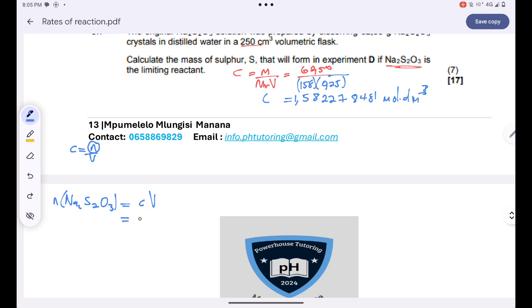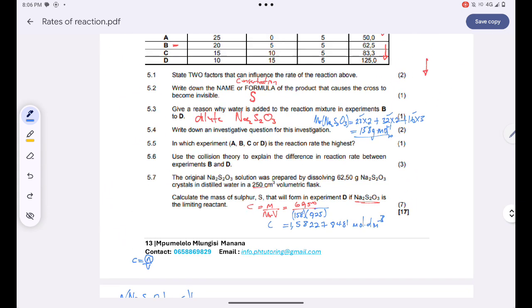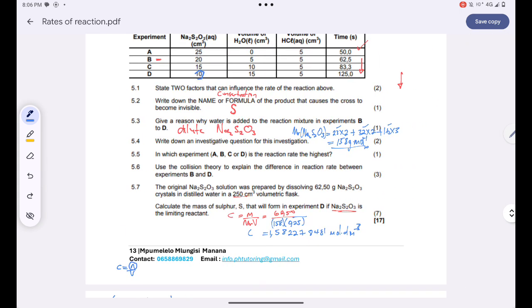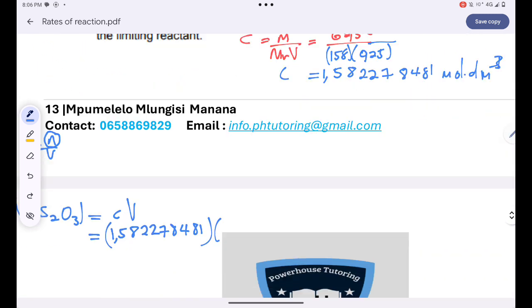So the concentration is basically 1.582278481, and then my volume for experiment D, they only used 10 cubic centimeters. Are you together?